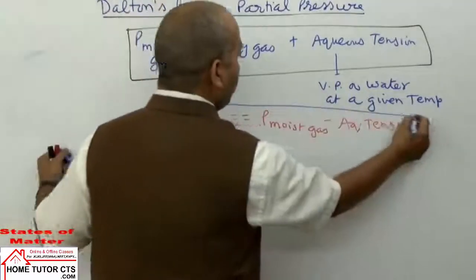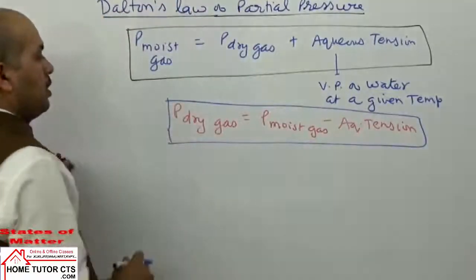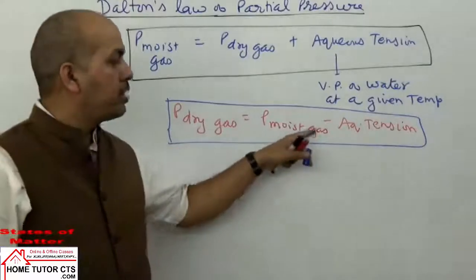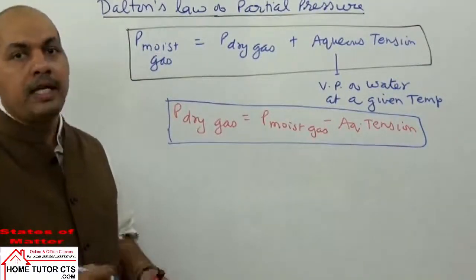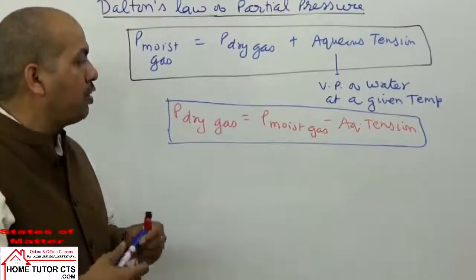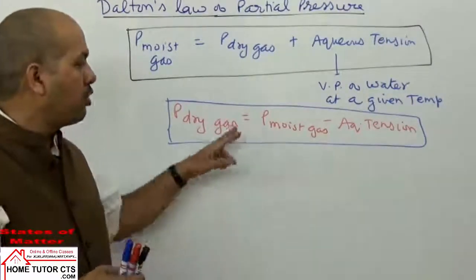Whenever this question is given to you and they mention dry gas, moist gas, aqueous tension or vapor pressure, be careful. We can apply different gas laws only for the dry gas, not for the moist gas.